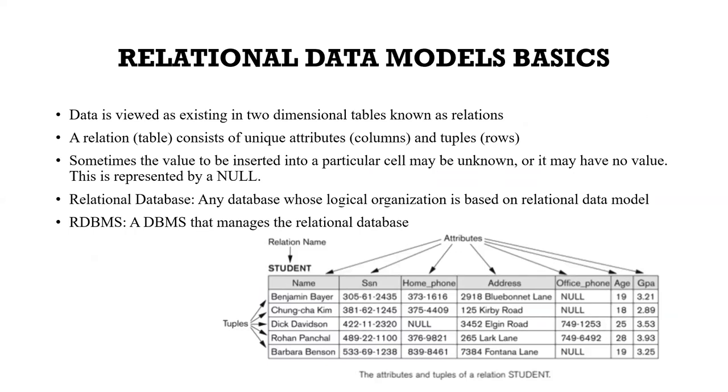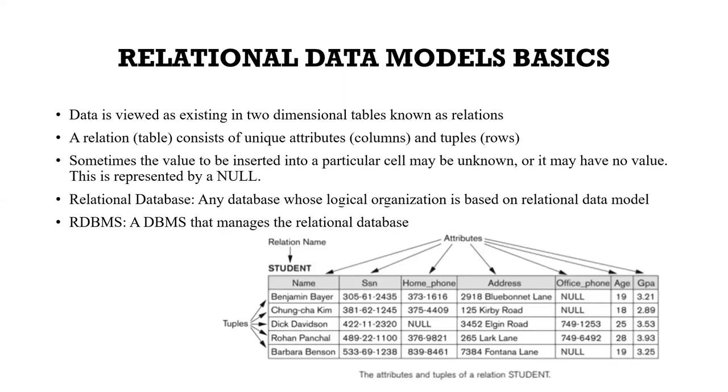You can see the table here. This is a student table, and the name of the table is student. A relation can be mentioned either as a relation or a table. Data is viewed as existing in two-dimensional tables known as relations. A relation or table consists of unique attributes specified by columns, and tuples, the values, specified by the rows.